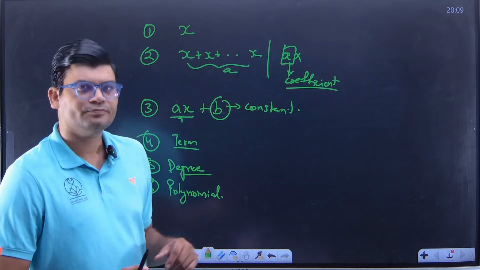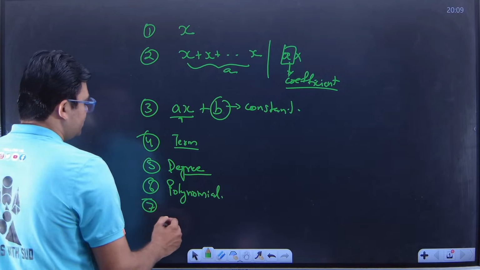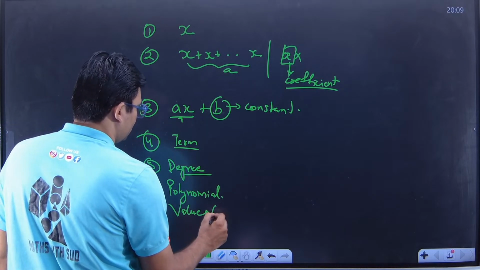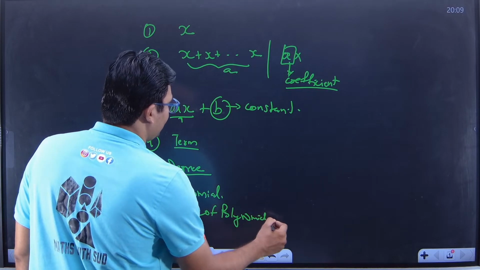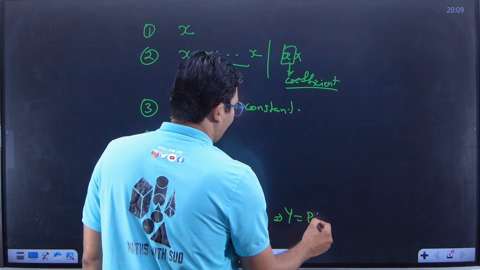Understood? Yeah. Then we will have the value of a polynomial. So the value of a polynomial is represented by y, or you can say p of x.